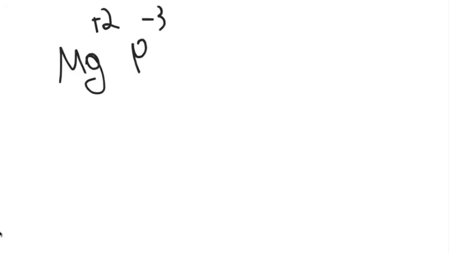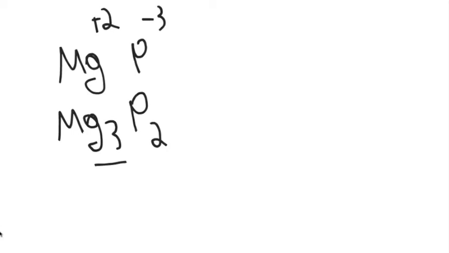The greatest common factor between 2 and 3 is 6. So I have to multiply magnesium by 3 and phosphorus by 2. Now I have Mg3P2, meaning that there are 3 atoms of magnesium in this ionic compound and 2 atoms of phosphorus in this ionic compound.